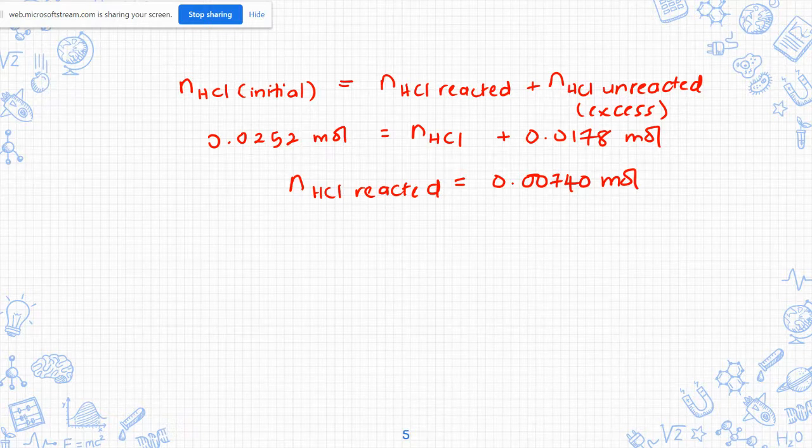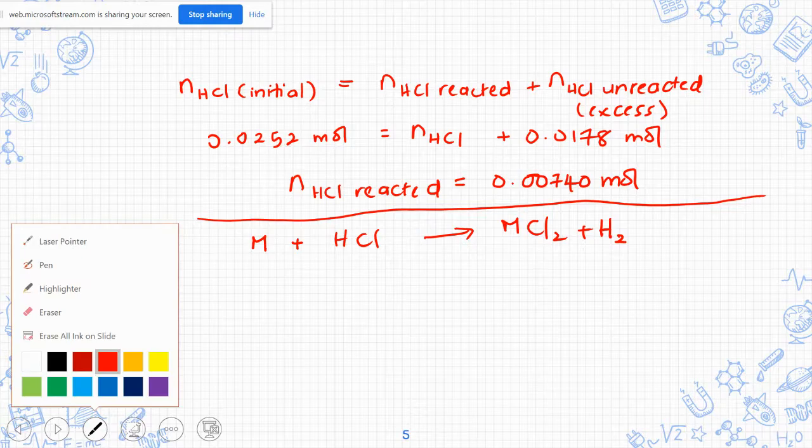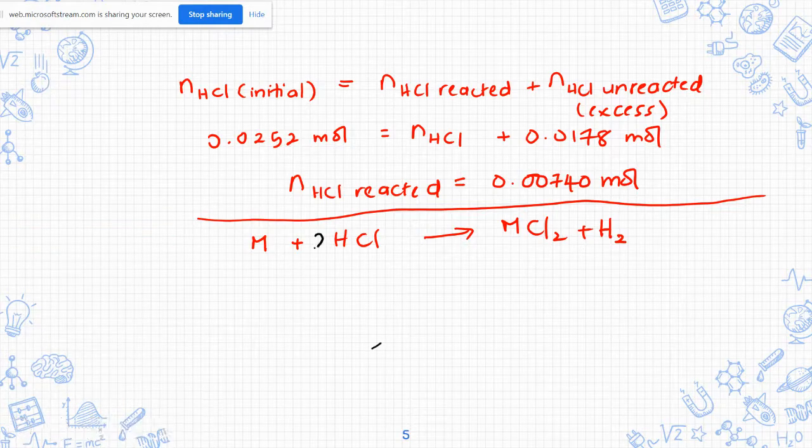Now, from the given equation in your lab manual, M plus HCl gives you MCl2 plus H2. And if we balance this equation, it will be 2HCl.